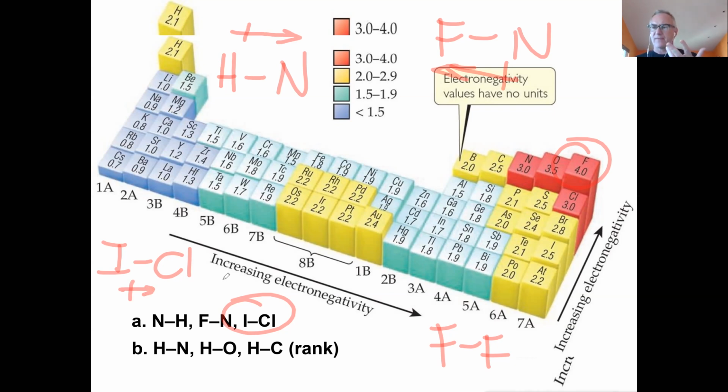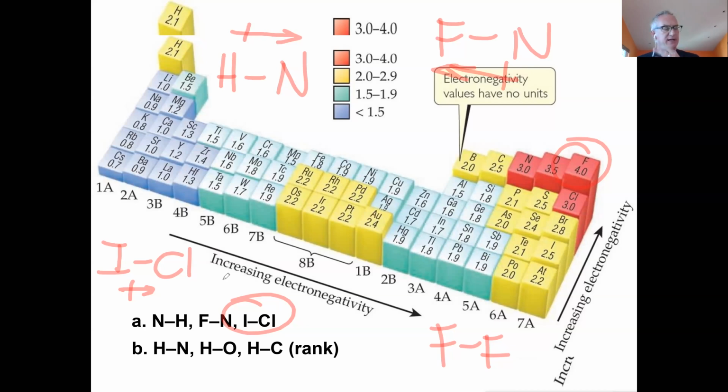So here's a question. Notice that there's no electronegativities given for the noble gases, but there actually is. In the table I gave you, there actually are electronegativities given for krypton and xenon.